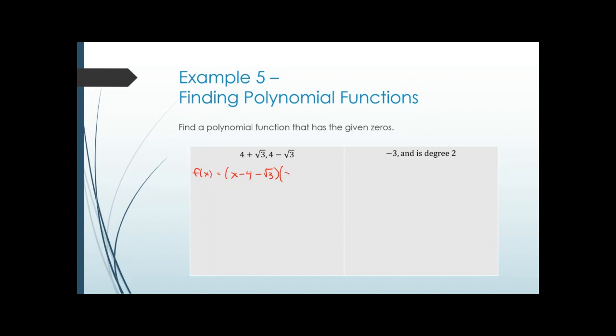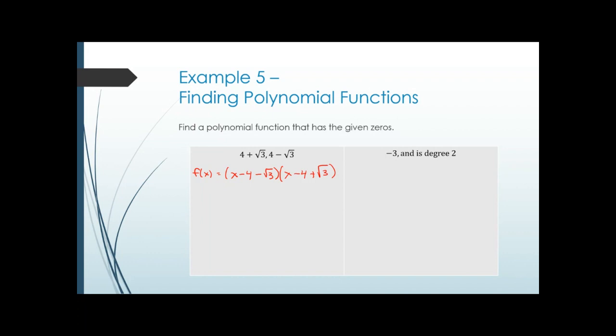Then the second one is 4 minus the square root of 3. So again, I'm taking the opposite sign. That's going to be x minus 4, but now it's plus square root of 3. So when you have things with the imaginary number or square roots, you need to take the opposite sign of everything that is with the zero.